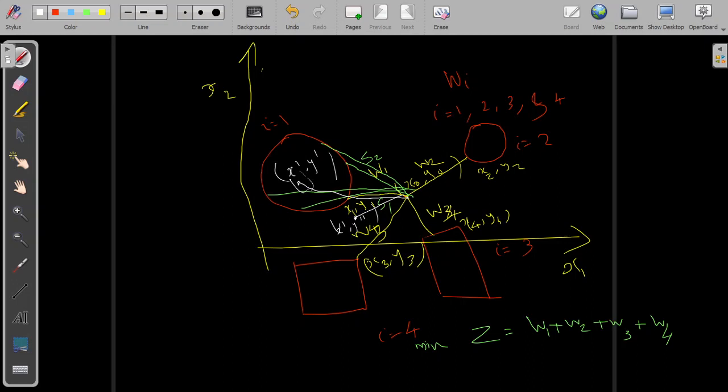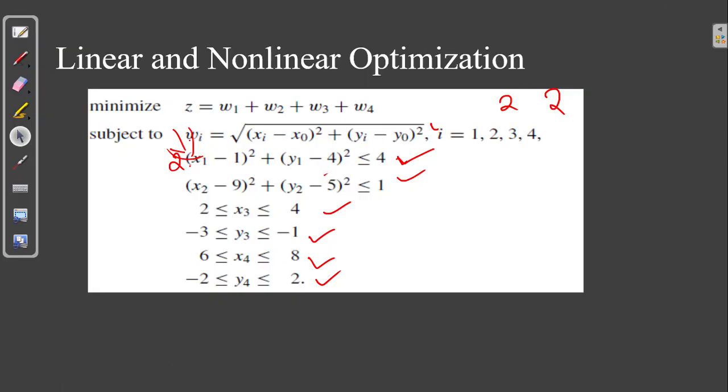So what is our meaningful point? Meaningful point means the first point must always be x0 y0, and the other point must lie on this circle. So that is what the second constraint is telling us.